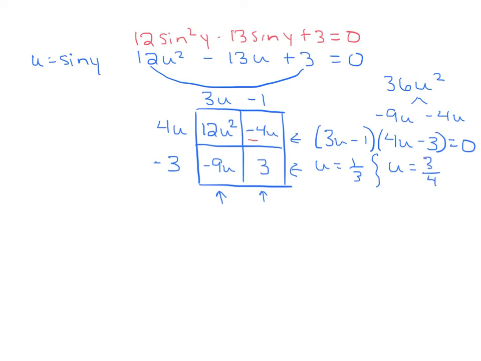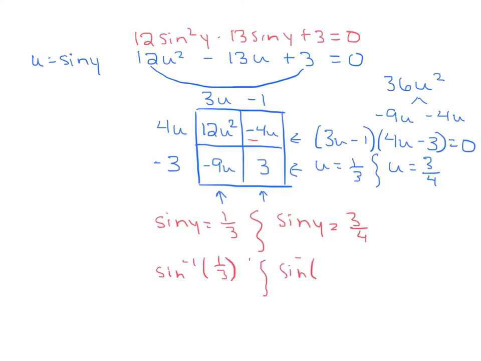Unfortunately, when I go back, remember sine y equals 1/3, and sine y equals 3/4, those are not values that show up on the unit circle. So when I do the sine inverse of 1/3 or the sine inverse of 3/4, I have to use my calculator to get those answers.